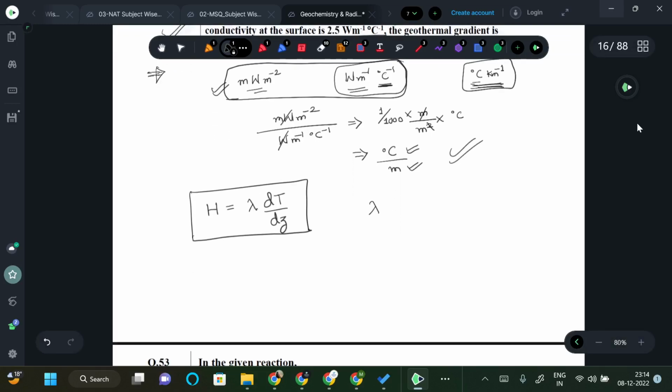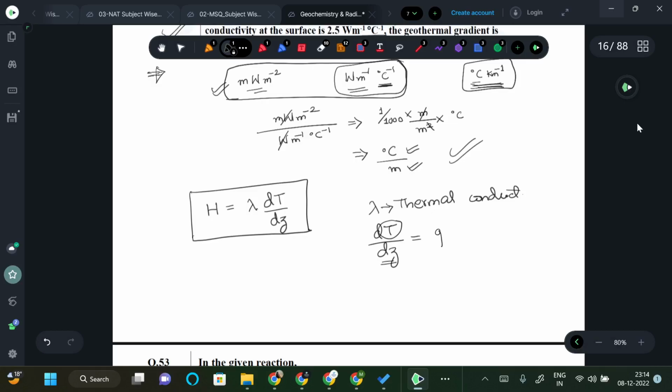Here lambda is thermal conductivity. dT by dz is the geothermal gradient. Gradient always means any particular parameter taken over a length. So dz is the parameter of length, distance, and T here is temperature.